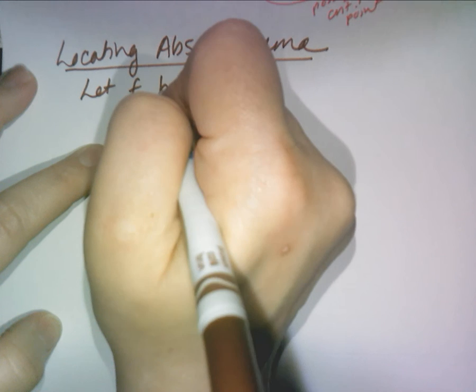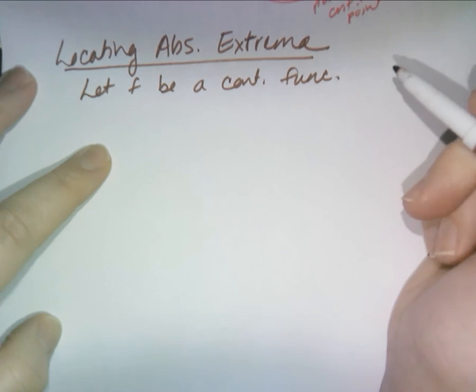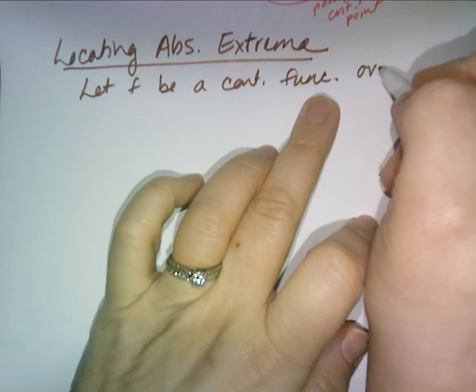Let f be a continuous function. That's an important point here, by the way, because if it's not continuous, we're going to have issues with it in the future.